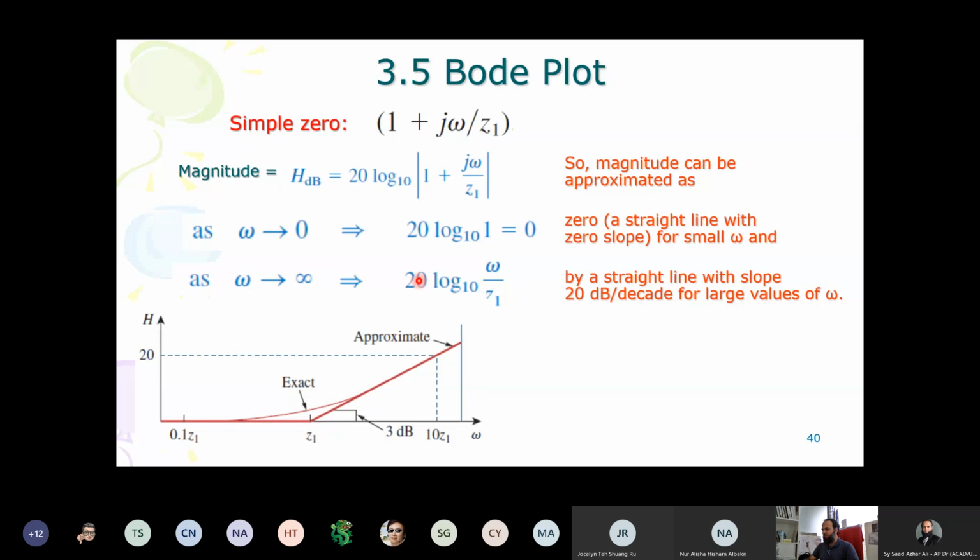At Z1, we take this frequency and increase 20 dB for 1 decade. We'll make a line like this. By the way, if it was a simple 0 squared, it would have been 2 zeros, so 2 times 20 will be 40 dB. So it will increase like this, 40 dB per decade. I'll show an example today.